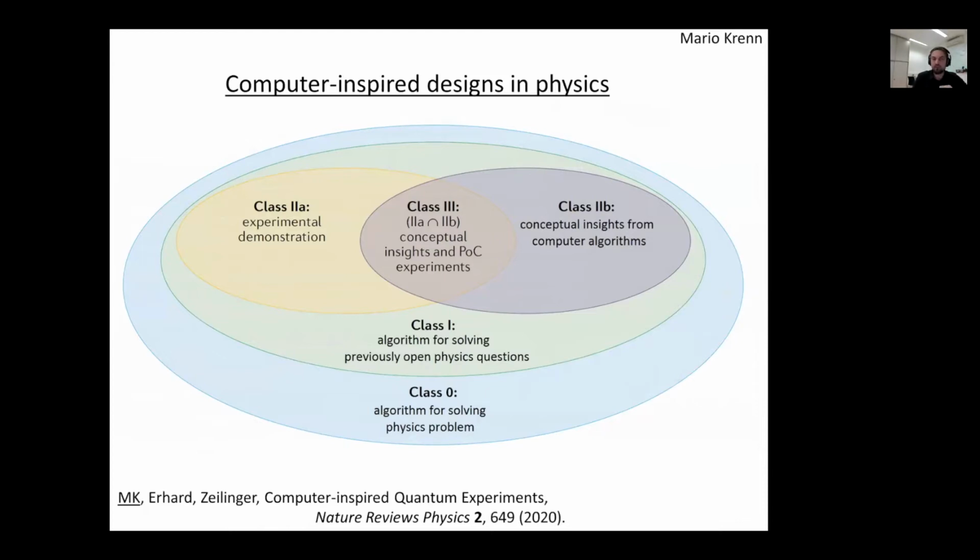Class 0 algorithms are those that can solve physical questions, such as design of quantum experiments or finding equations of motion for a physical system that we have seen yesterday, and so on. In this class, there are a lot of exciting applications of machine learning and AI technologies that could have a large impact in the future, but that are not at the stage yet that they can be applied to solve actually new and open problems.